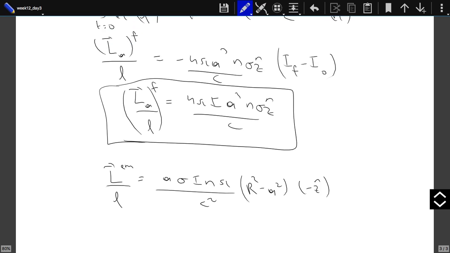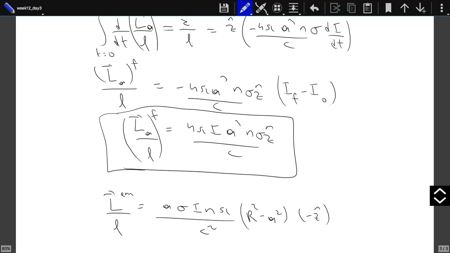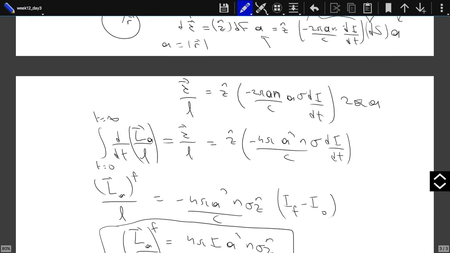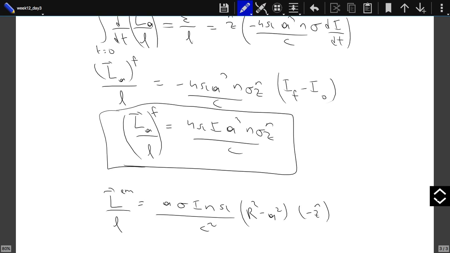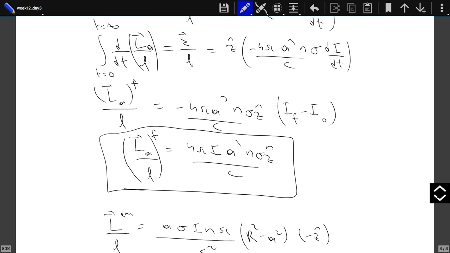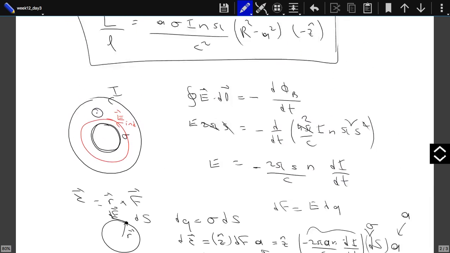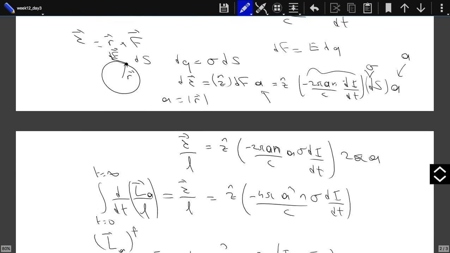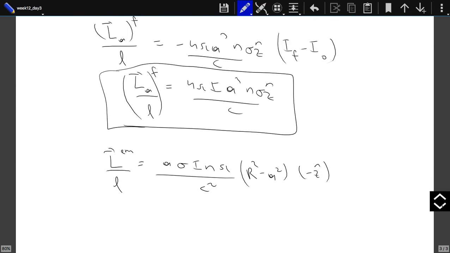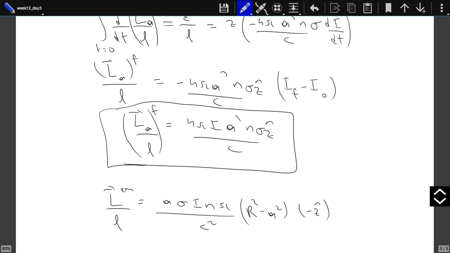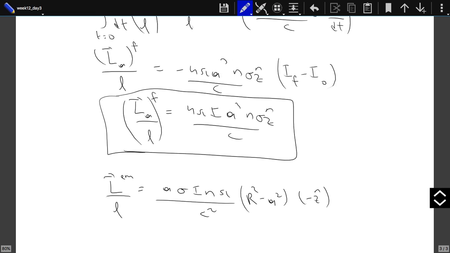Now let's see if there are any other mistakes in our derivation. Well, there's one more problem with the factors of C, but we will come back to that later on. We have some other problems that we need to fix.